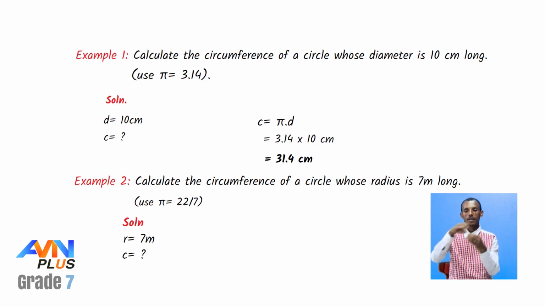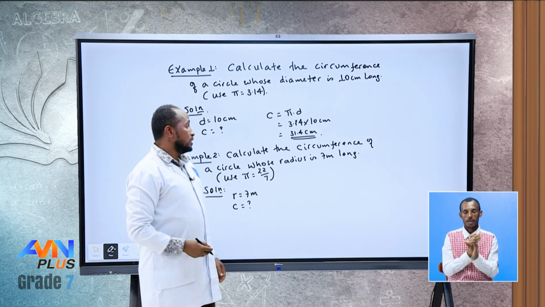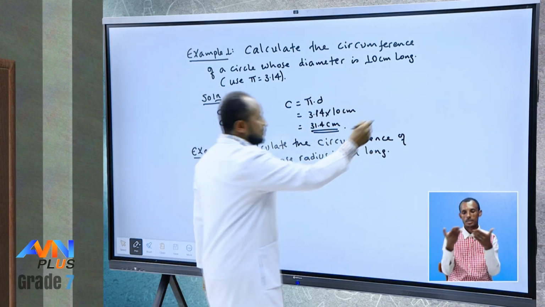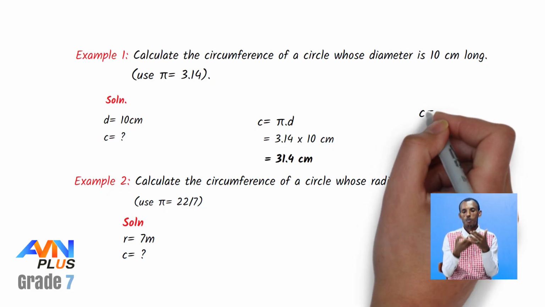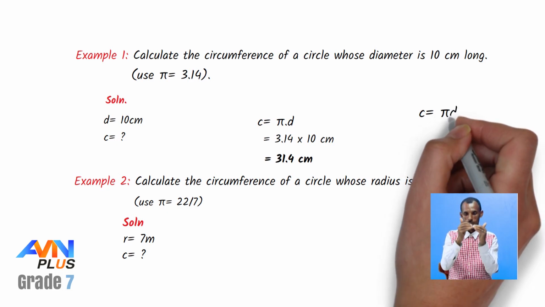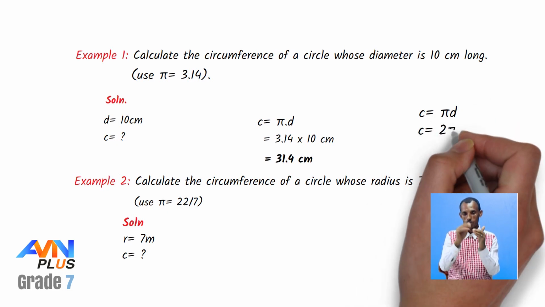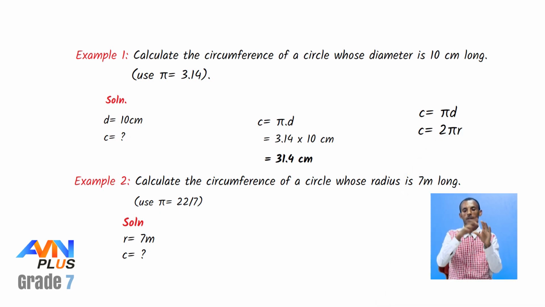So how do we calculate circumference? We have already derived two equations. Circumference is equal to pi times diameter, or circumference is equal to 2 pi times radius. In this case, we can use this equation since the radius is given.